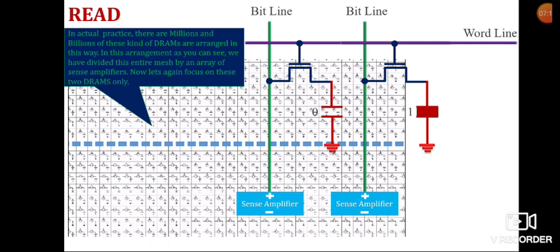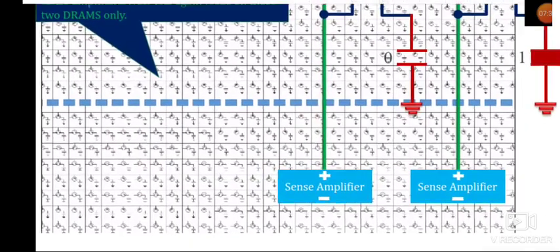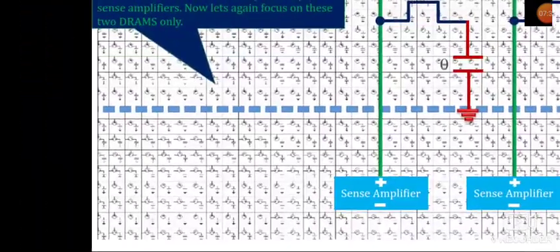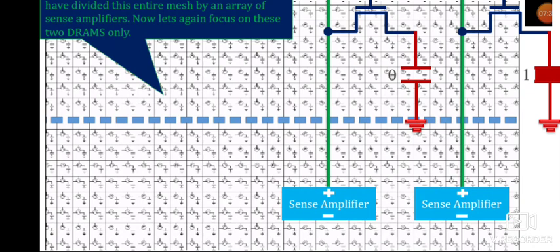So you can imagine how many of these small circuits we need in order to solve a significant purpose using DRAMs. Okay, so this is the arrangement by which your DRAMs are arranged in a circuitry, or in a RAM.